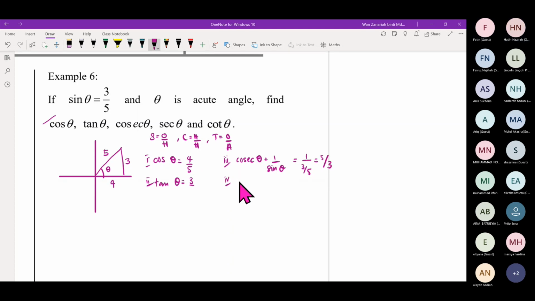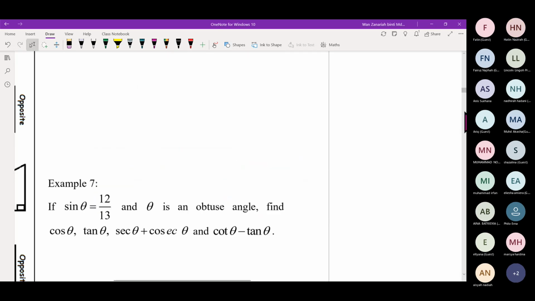Okay, for secant theta is 1 over cos theta, so 5 over 4. And lastly, cotangent theta is 1 over tangent theta, so 4 over 3. Okay, easy? Easy peasy, yes.